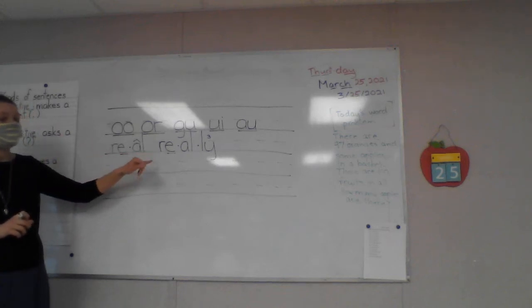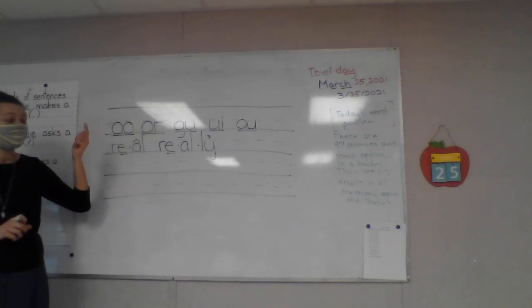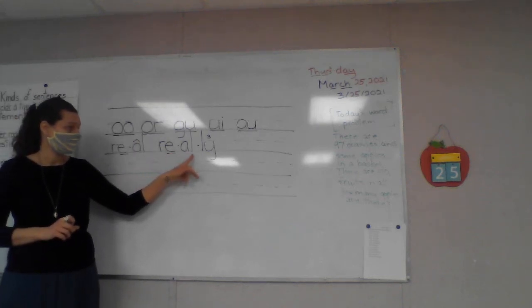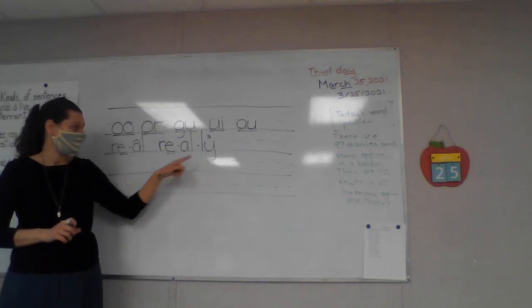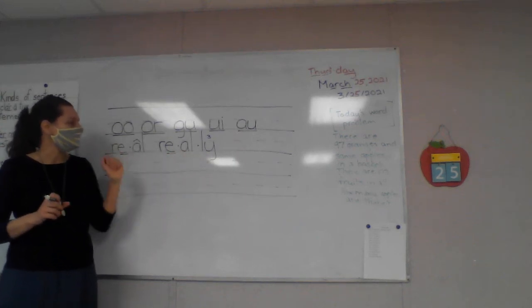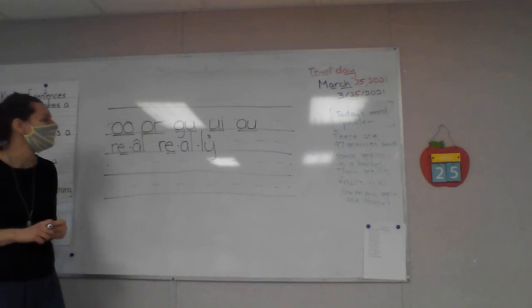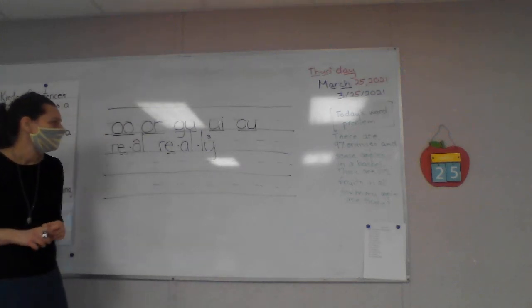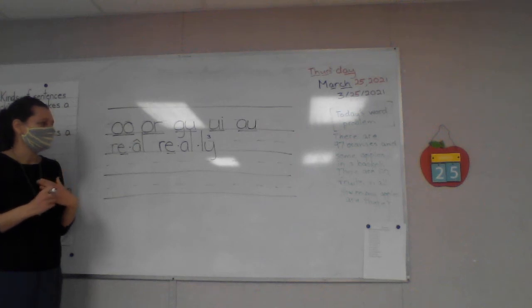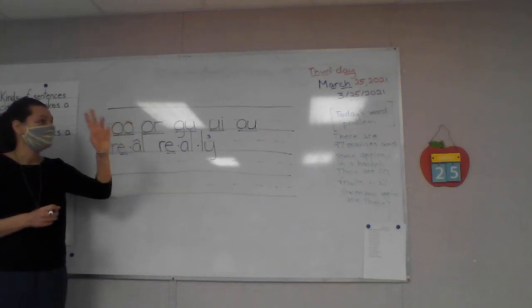All right, class, let's read our word. Eyes are up here. Good, we say really to spell it. When we're talking, we say really. All right, one more time, class. What's going to get our thinking cap? 3, 2, 1.